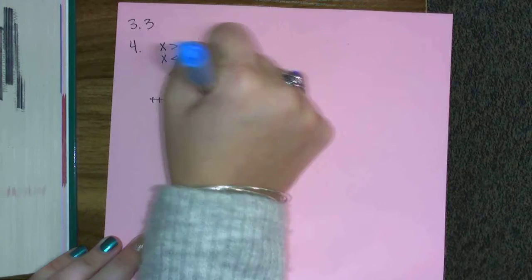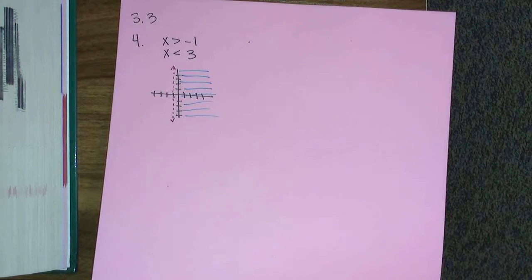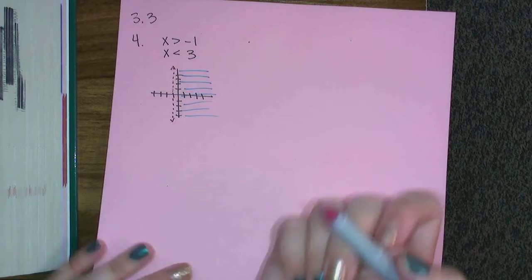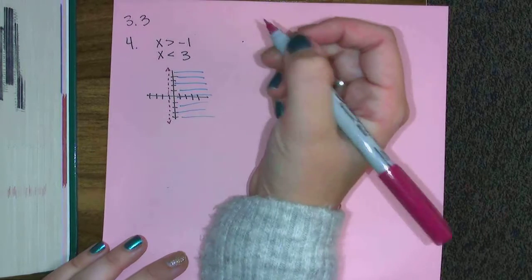So X is getting bigger, in the left? Okay, to the right. Okay, how about X less than 3? What is that one?